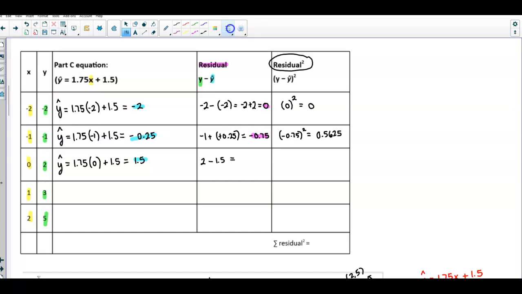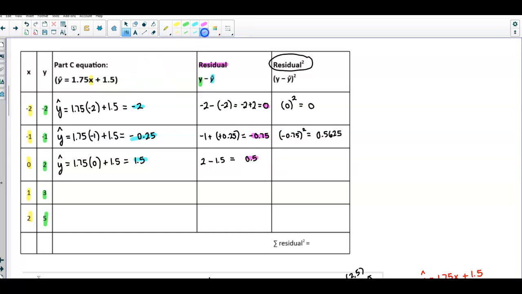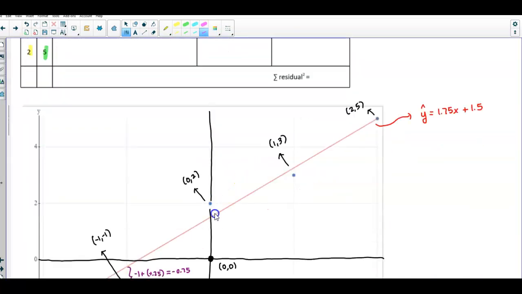Well, 2 minus 1.5 gives us positive 0.5. And again, what this represents is the residual. Now, this is a positive 0.5, which means this point should be above that line. And that is the distance from that line to this point. So that represents the residual of 0.5.